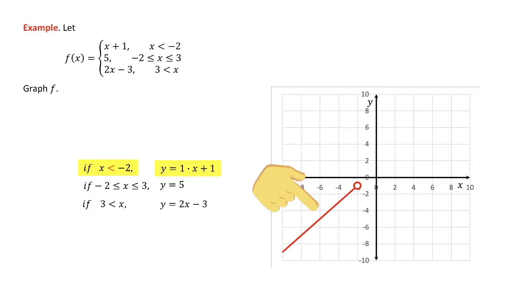I need x and y values. So from minus 2 all the way over, those are the y. Remember, everything on the red line has an xy value. Those xy values go in the solution set, they make that equation true. And notice I don't include the point at minus 2. I have a hole there because it's x less than minus 2.